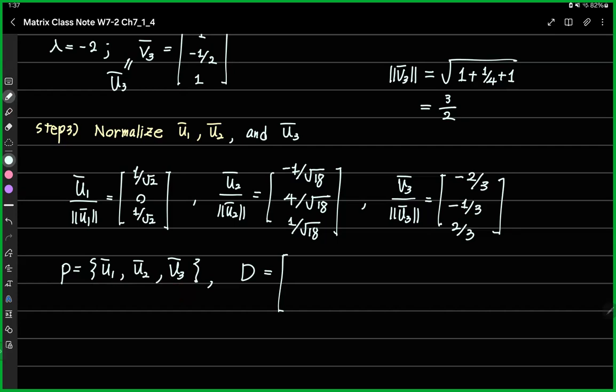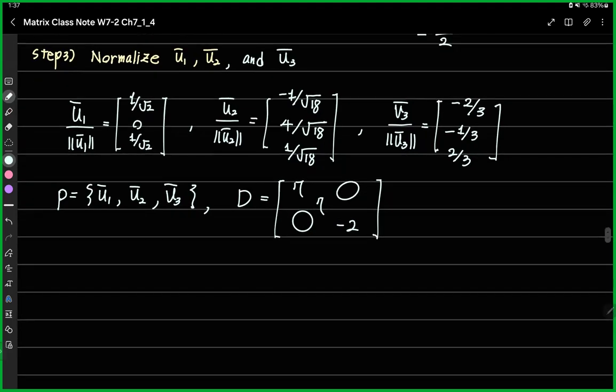So it's 7, 7, and negative 2, and all other entries are 0. If you have spare time, try to check whether PDP transpose really returns A.